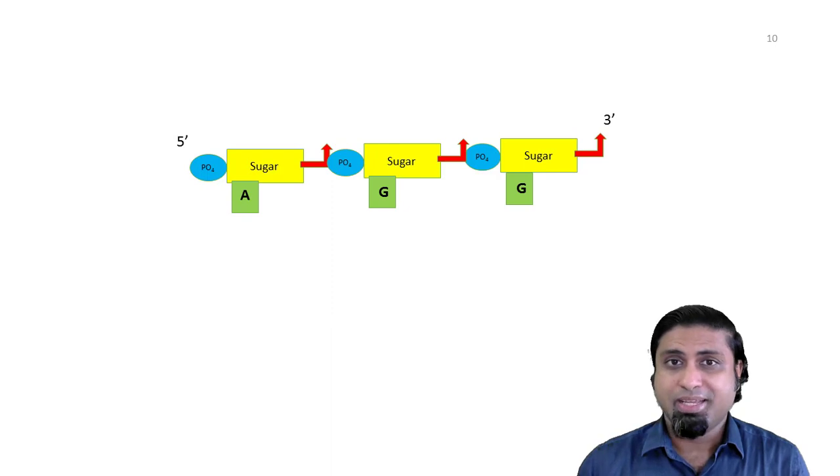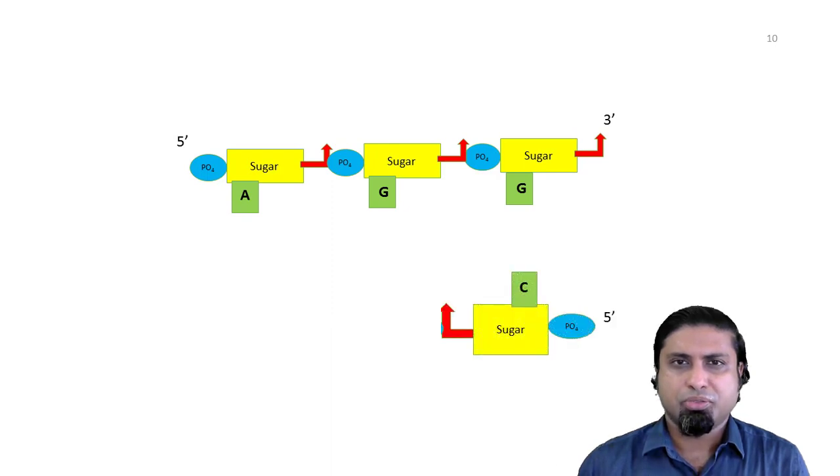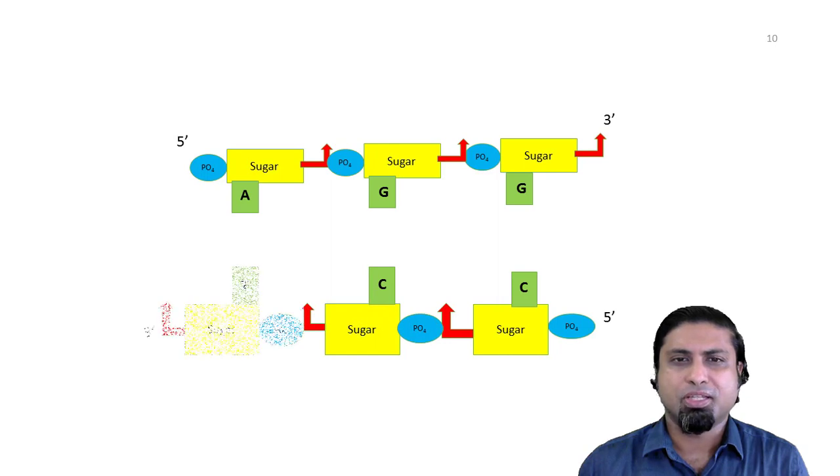Now we know that DNA is a double strand, so we need to synthesize the complementary strand to this particular strand, and it should be synthesized in the anti-parallel manner. So here's a nucleotide. The incoming nucleotide should be added to the 3' end of the preceding nucleotide. So there you go. And here's the next nucleotide.